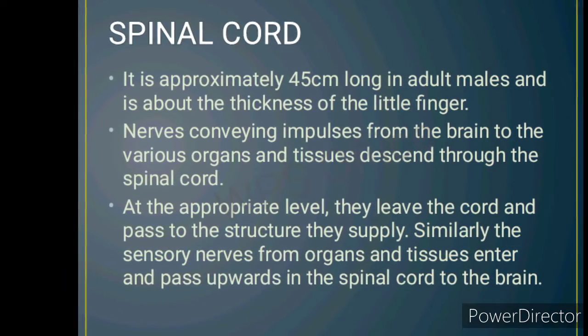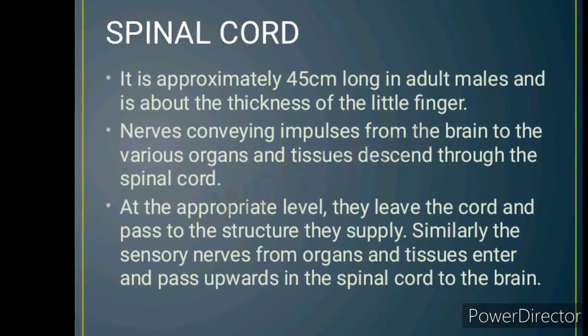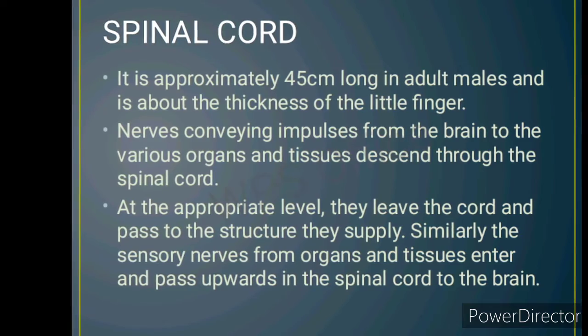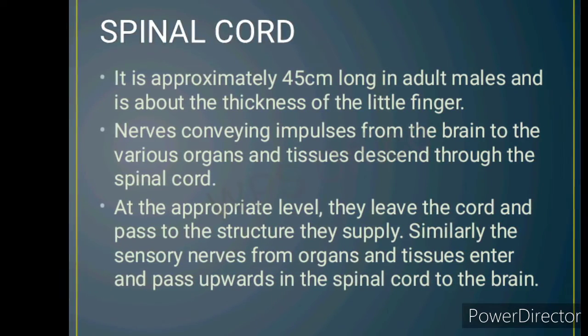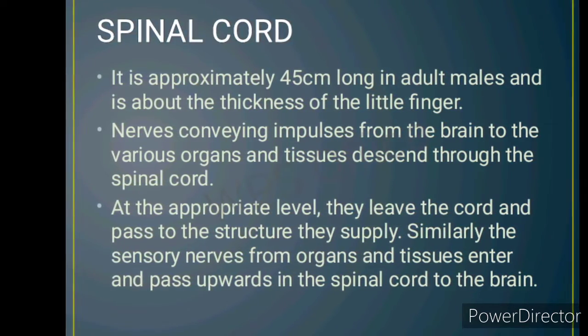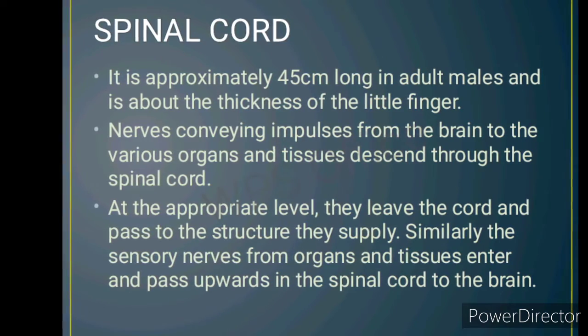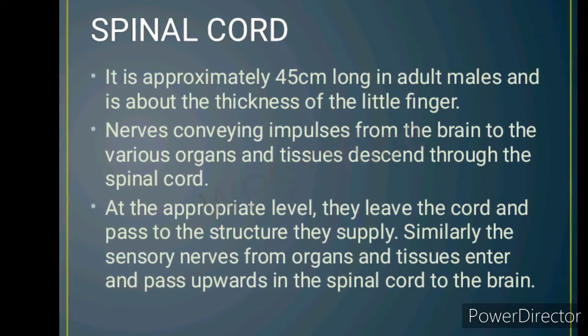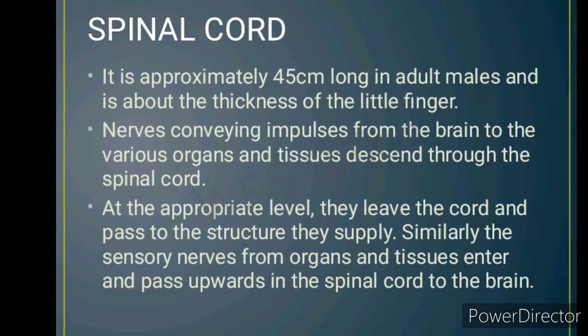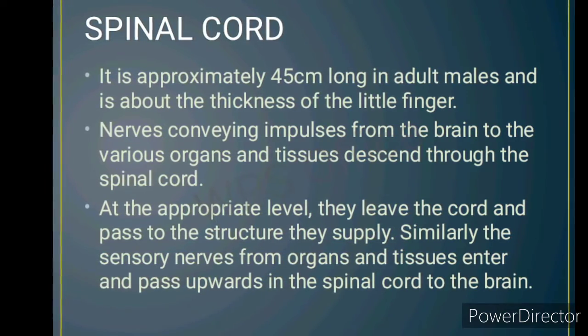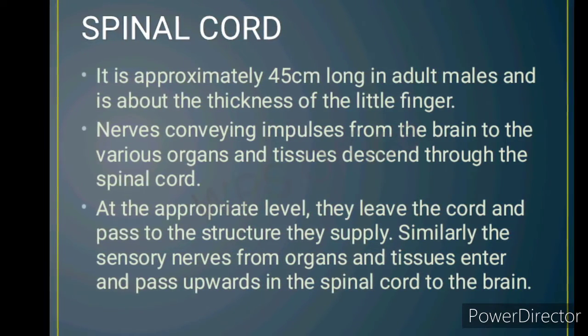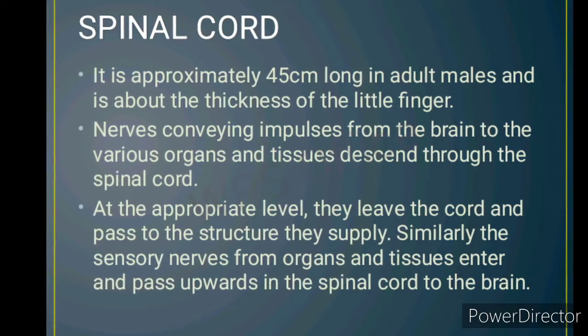Nerves conveying impulses from the brain to the various organs and tissues descend through the spinal cord. So the spinal cord carries all the nerves from the brain, and through the nerve branches from the spinal cord, they supply the other parts of our body.